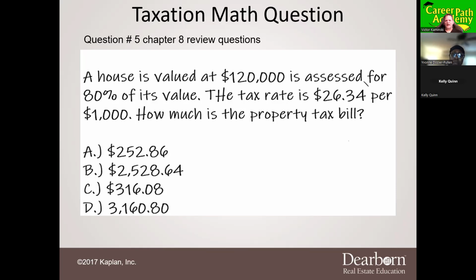So 120,000 times 80% is... you can use a calculator. Trying to walk you guys through it. Type in your calculator, 120,000 times 80%. What value does that give you?